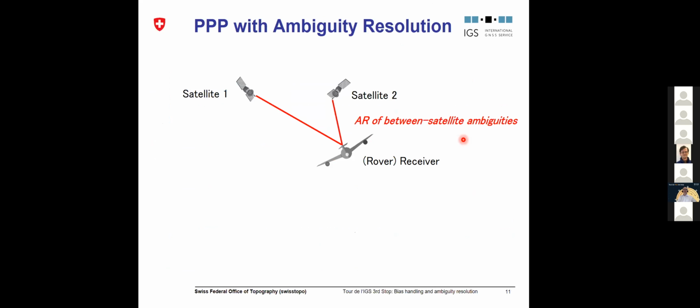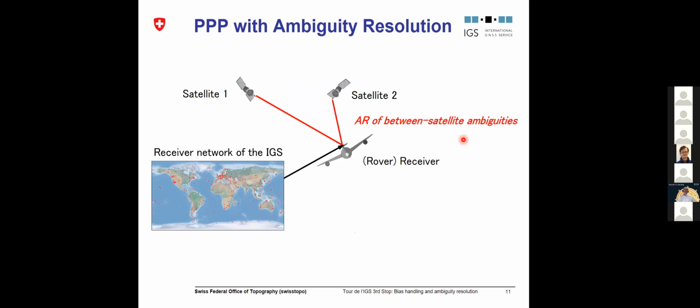So again, what is important is that we do ambiguity fixing for between-satellite ambiguities. And so you then get positions with respect to the entire receiver network of the IGS in a specific geodetic datum, currently ITRF 2014.